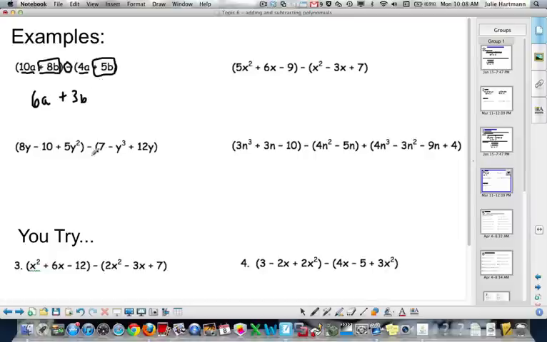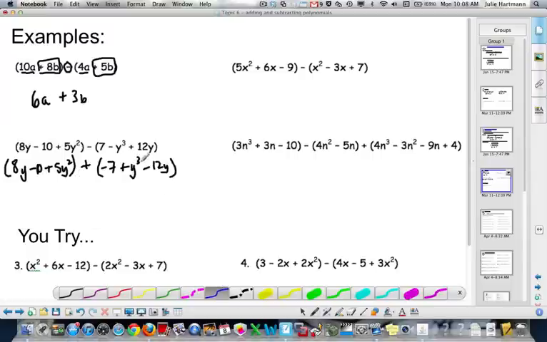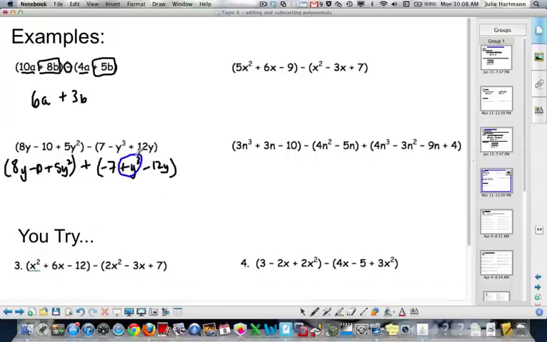So this one down here, I am going to rewrite this one because they're not in order, so it becomes a negative 7 plus y cubed and minus 12y. Because they're not in standard form, it's just easier for me to do that. What I start with is y cubed, no other like terms with that, so it's just y cubed.